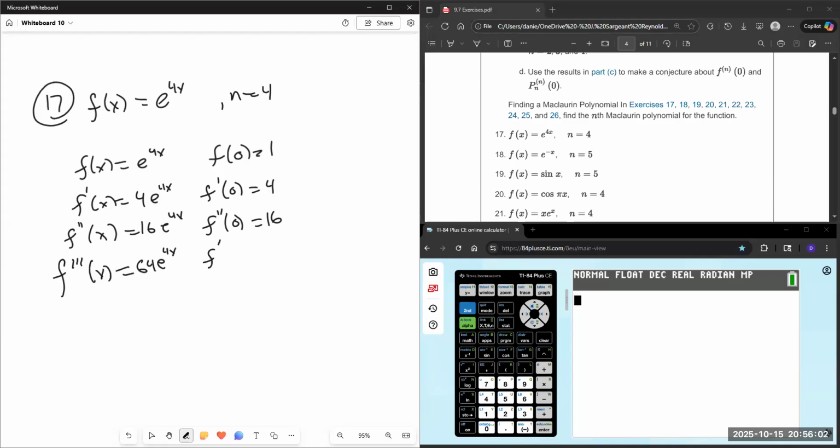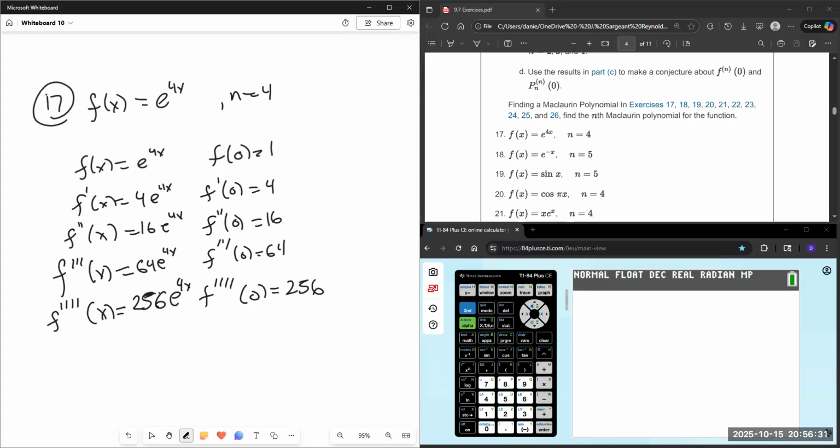F triple prime of 0 is 64. F quadruple prime of x is equal to 256 e to the 4x. So f quadruple prime of 0 is equal to 256.